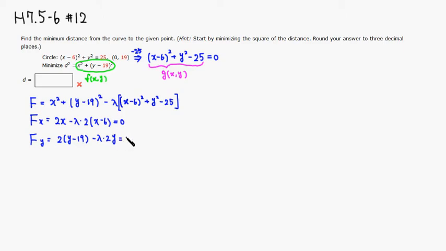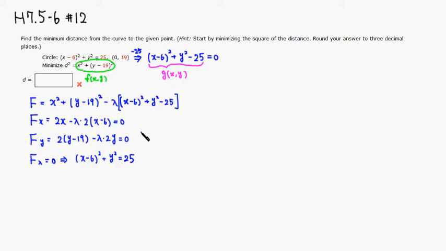So we set that equal to 0. Remember that capital F partial with respect to lambda, set equal to 0, is always going to give us the constraint equation, which is just x minus 6 squared plus y squared is equal to 25.